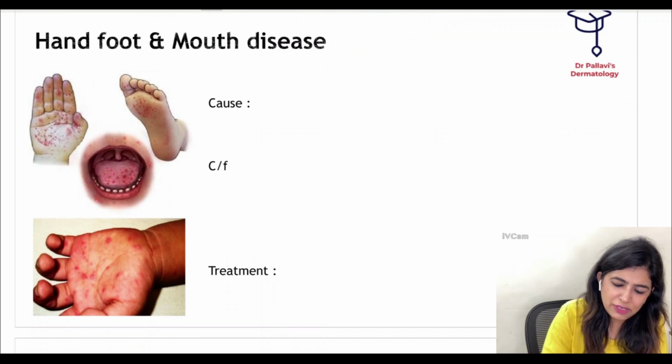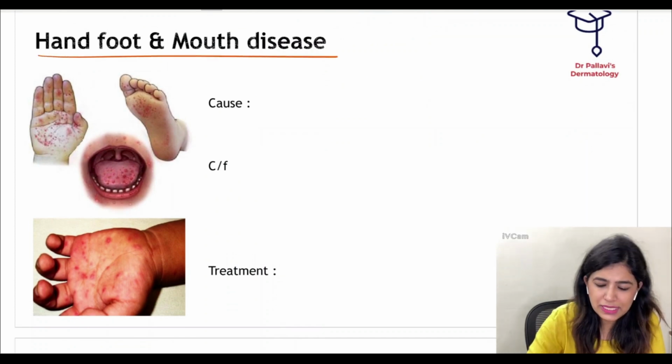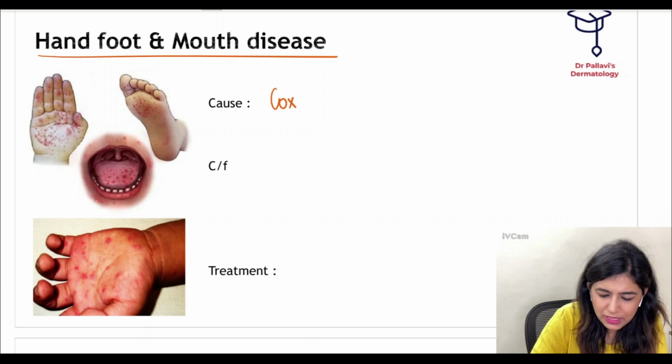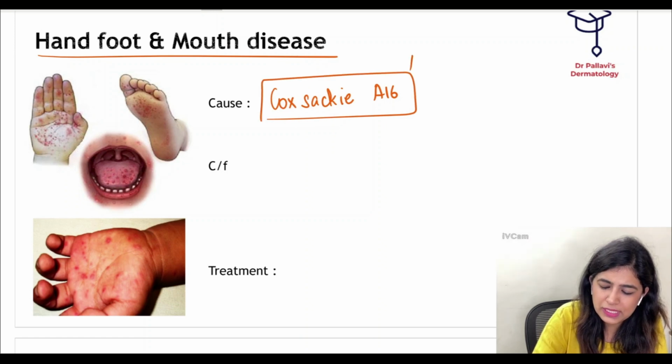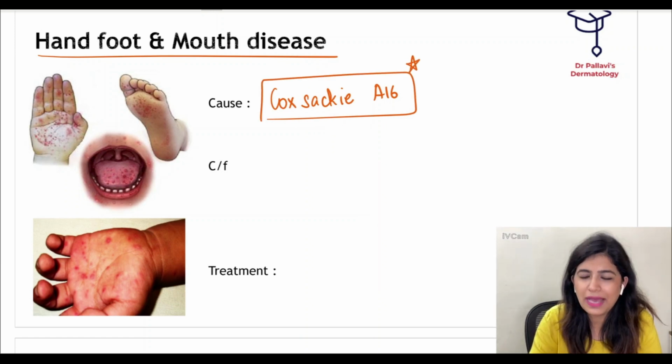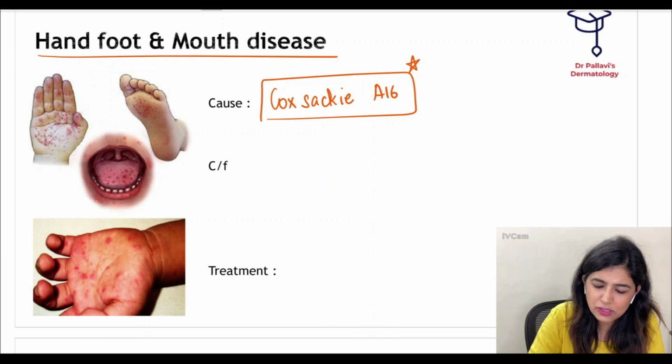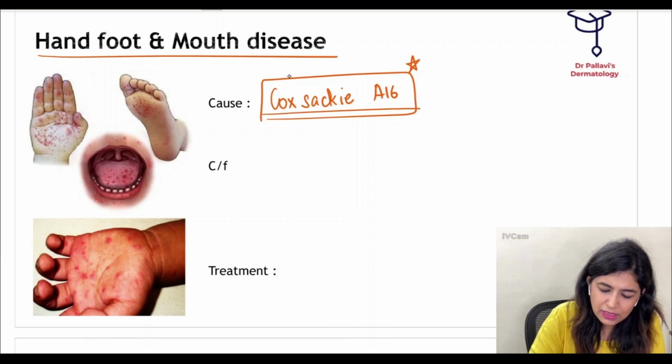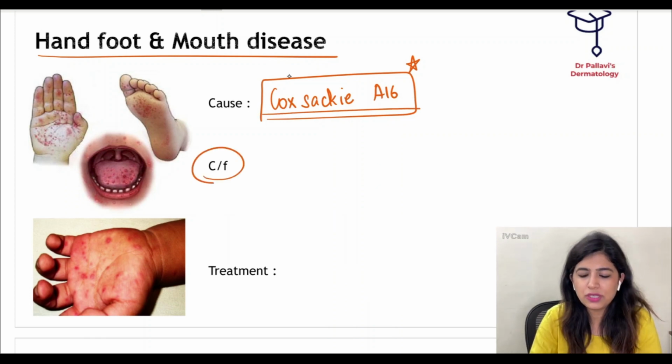So, what is HFMD? This is hand, foot, mouth disease, mainly caused by the Coxsackie A16 virus. There are some other viruses, but we'll focus on the most common and the most important question, that is Coxsackie A16. Clinical features are just what is mentioned in the question.